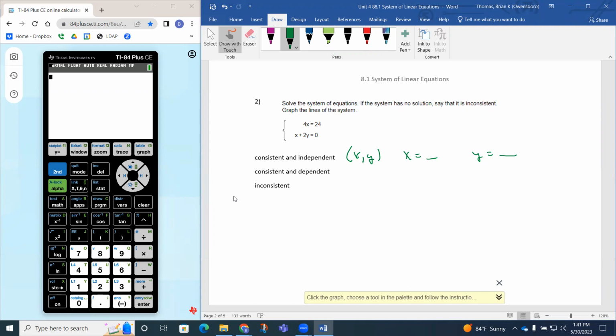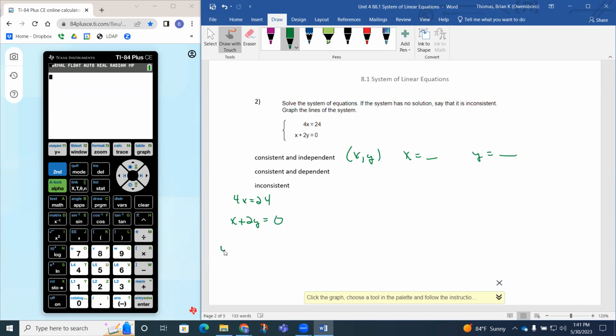So if I look at this, I have 4x equals 24, and I have x plus 2y equals 0. If I look at the first equation, 4 times x equals 24, notice how this would be easy to solve for x.